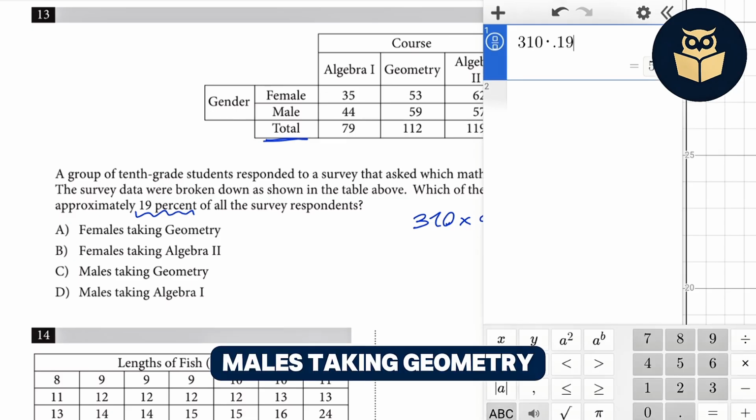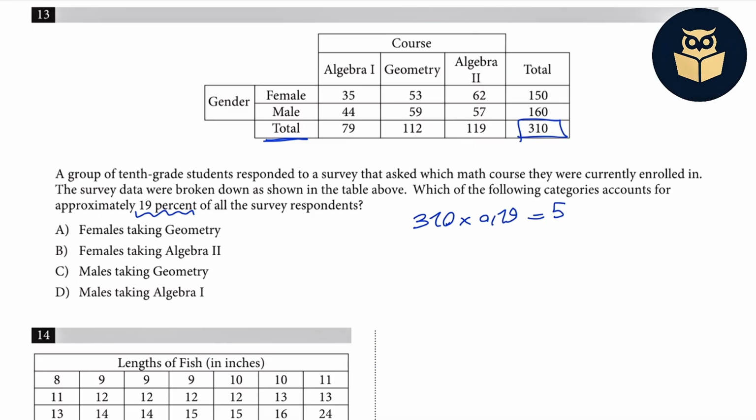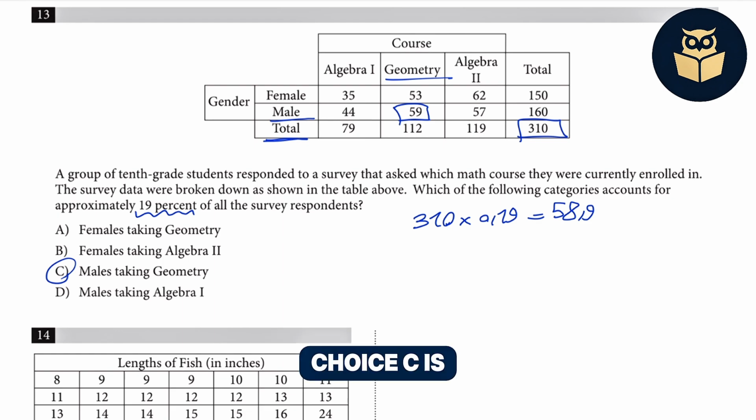Look right at males taking geometry. It has exactly 59. That means choice C is the correct answer.